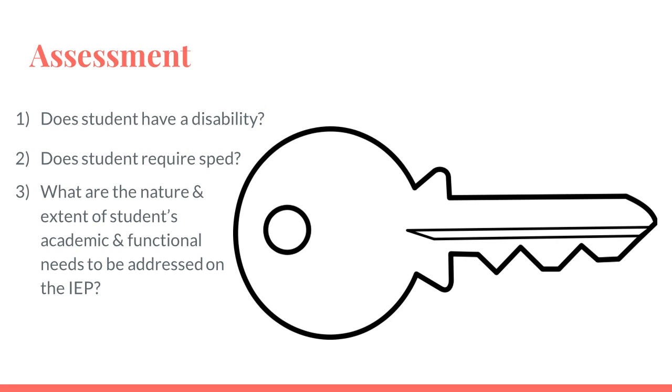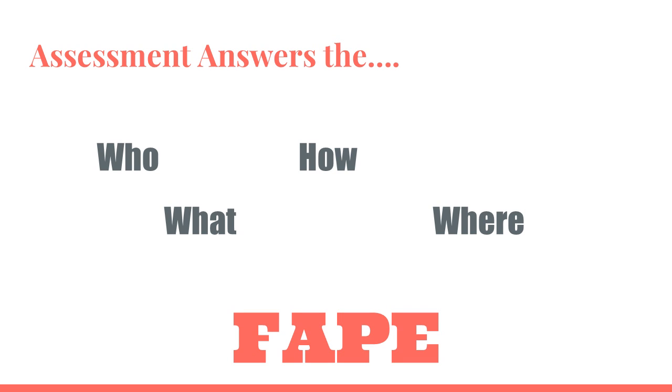So what does assessment do? It answers for us the who, the what, the where, the how. Who should be receiving the special education? That's going to look at decisions about classification and eligibility for those services. The what is what instructional services will we track.